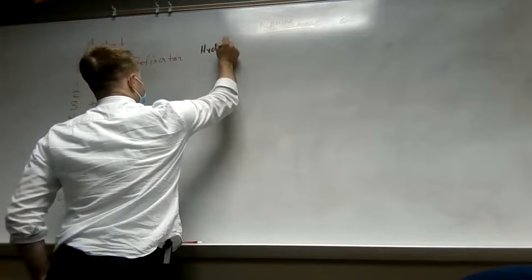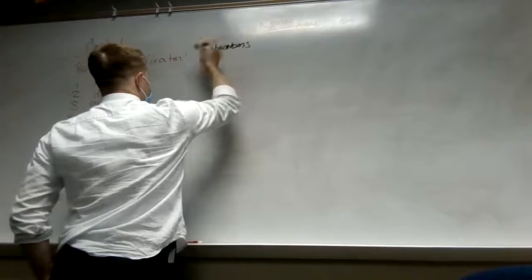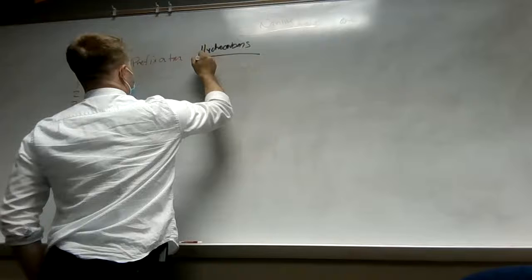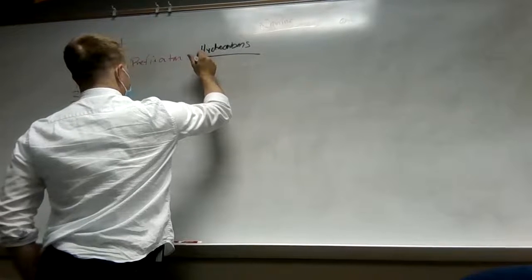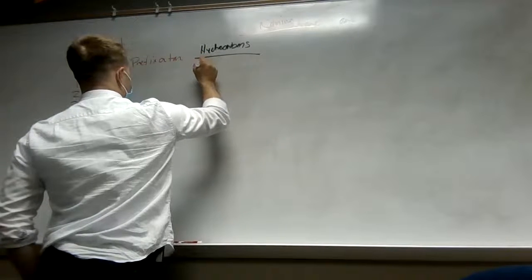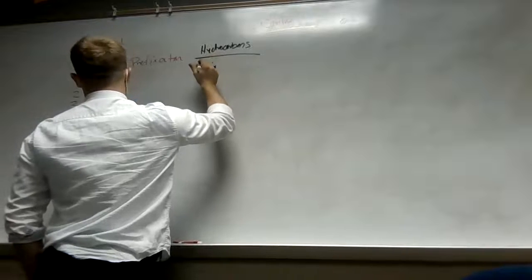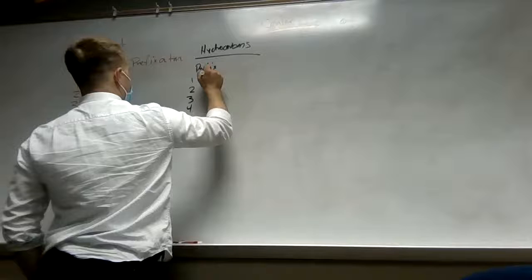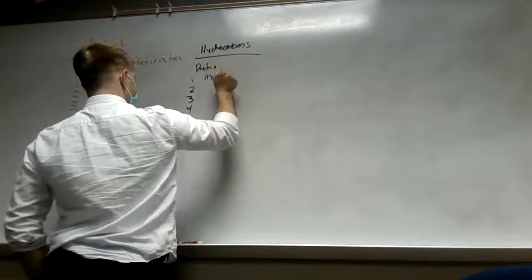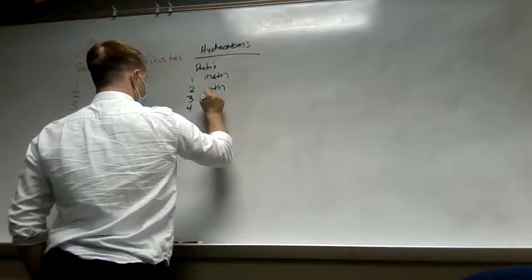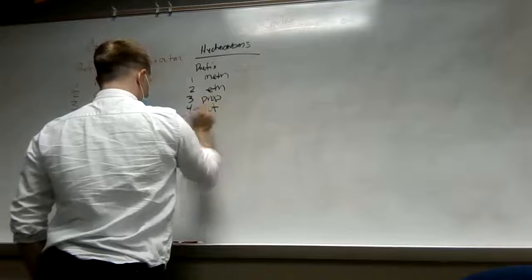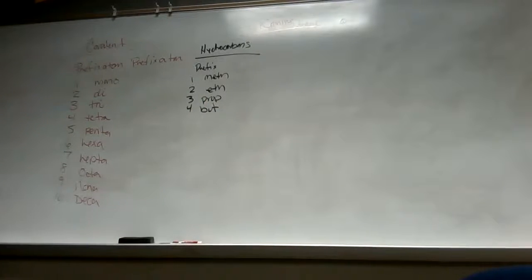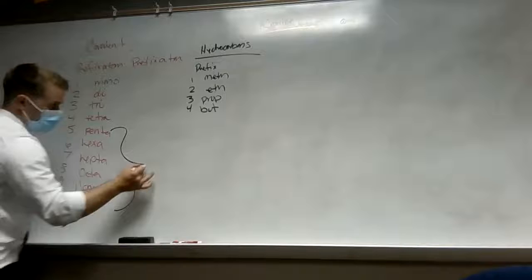In this case, we have our prefixes 1, 2, 3, 4: meth, eth, prop, but, and then the same 5 through forever.